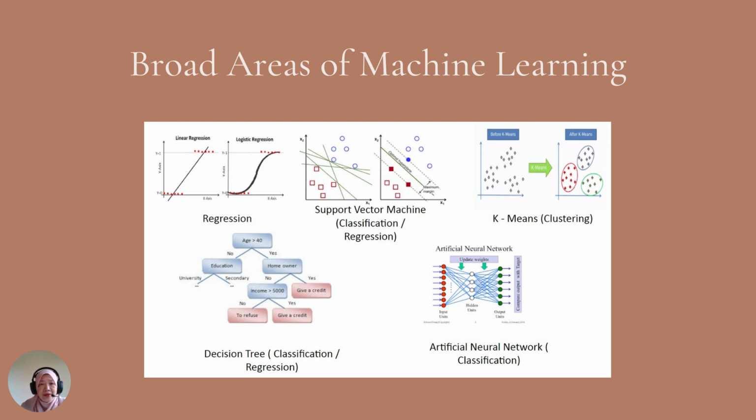For ANN, or artificial neural network, which is actually a classification area, it consists of nodes and links. So here is what we call the hidden layer. In ML, the hidden layer here is much simpler than deep learning, because we already pre-process the images or the data.